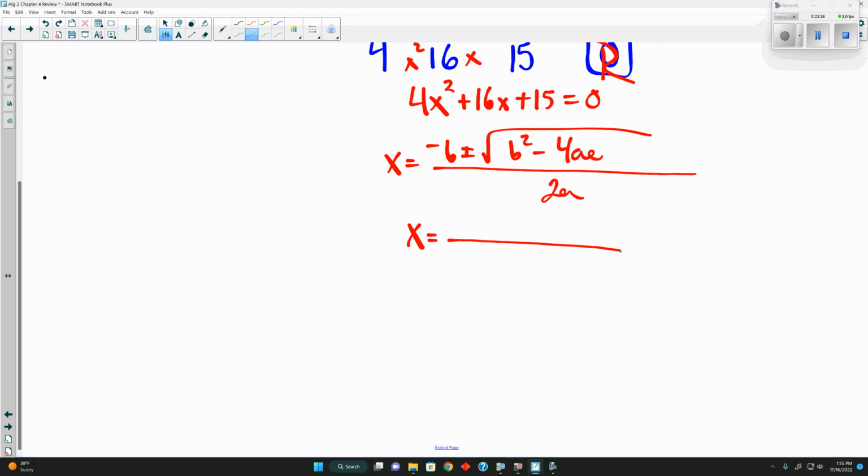Well, negative b is going to be negative 16 plus or minus the square root of 16 squared minus 4 times a, which is 4, times c, which is 15, all over 2 times a. So 2 times 4, which is 8.